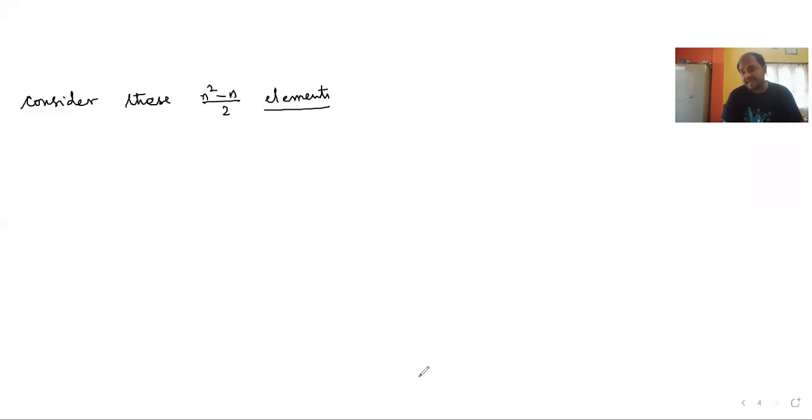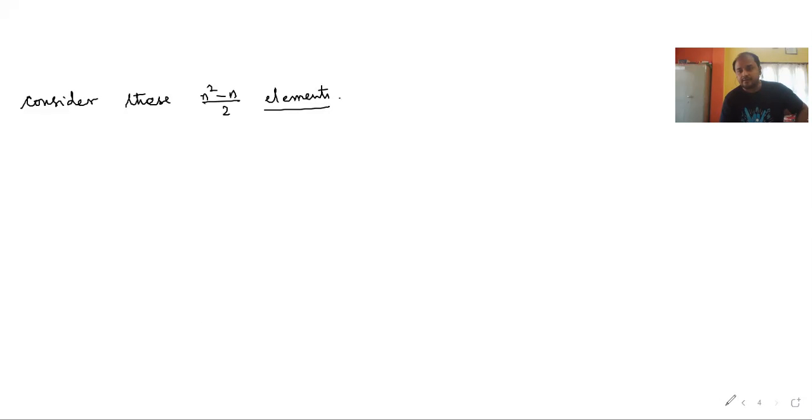Not n square minus n elements, because a1 comma a2 and a2 comma a1 will be the same, since your relation is symmetric. Just like equality, a symmetric relation: when you say a equals b, it automatically becomes b equals a. So we have to consider all these elements first to design a symmetric relation.